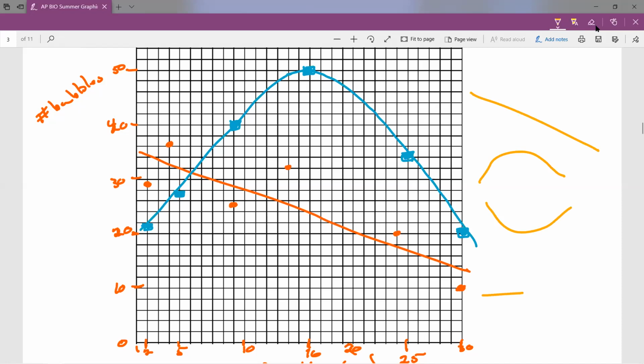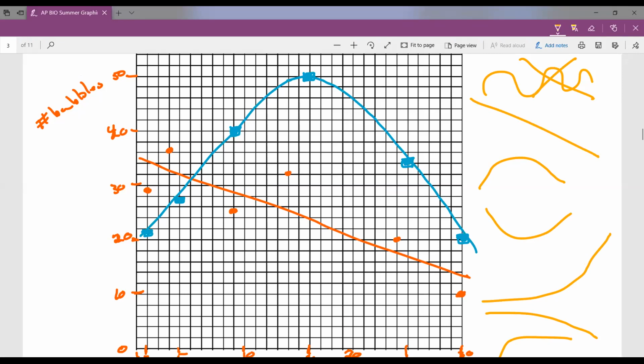We're likely to see increases that curve one way or the other, or come up and level off, but we are not likely to see up and down and up and down and up and down. That is not something that happens very often, if at all, in nature.